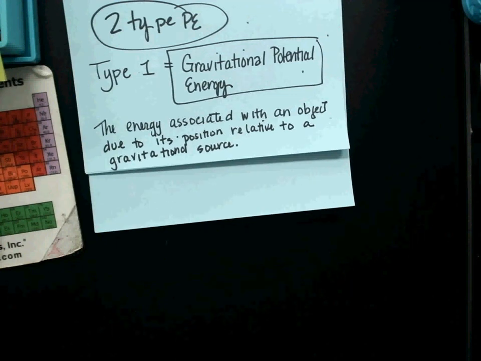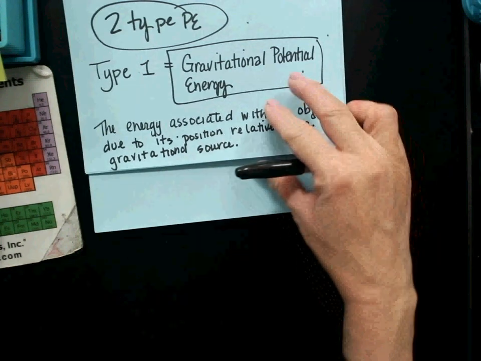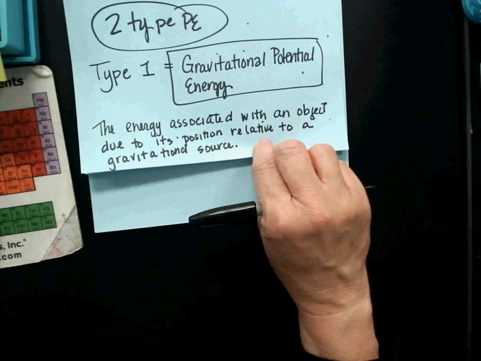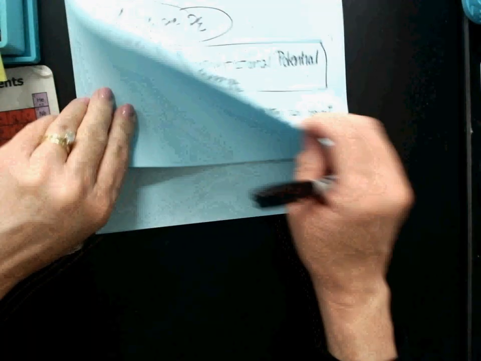So if you're asked for gravitational potential energy, would it be the same here as it would be on Mars, as it would be on the moon? No, because we have all different values for acceleration due to gravity.